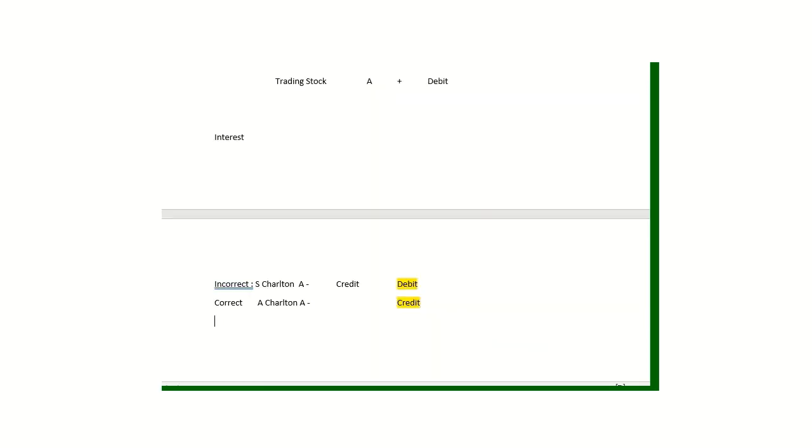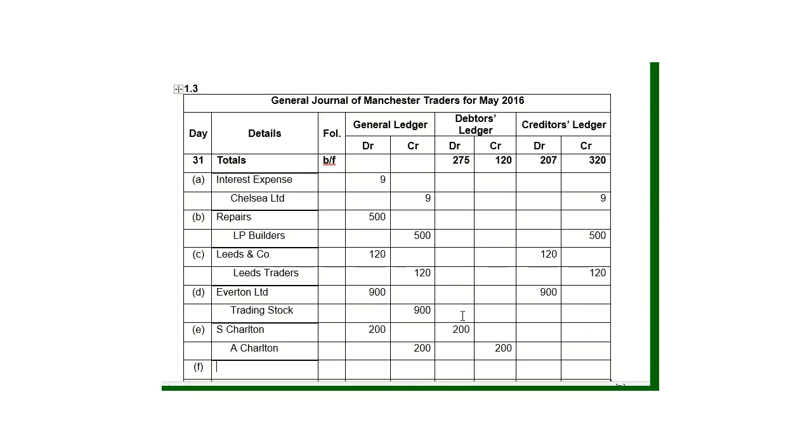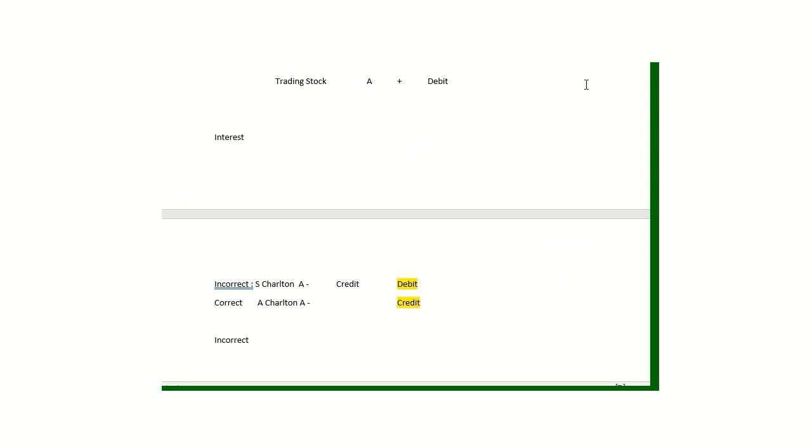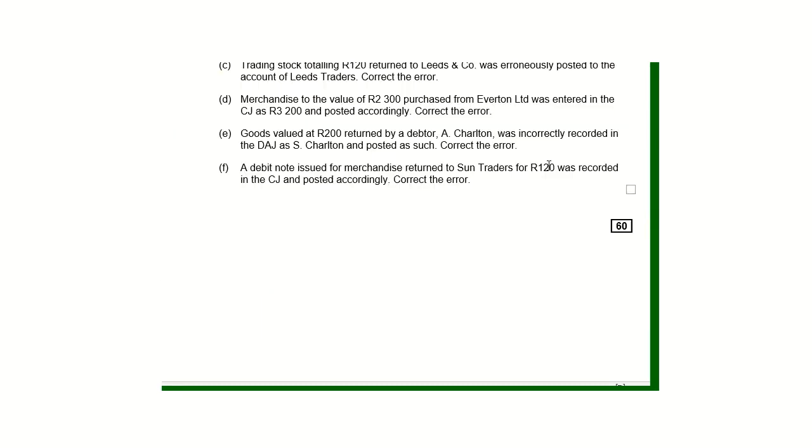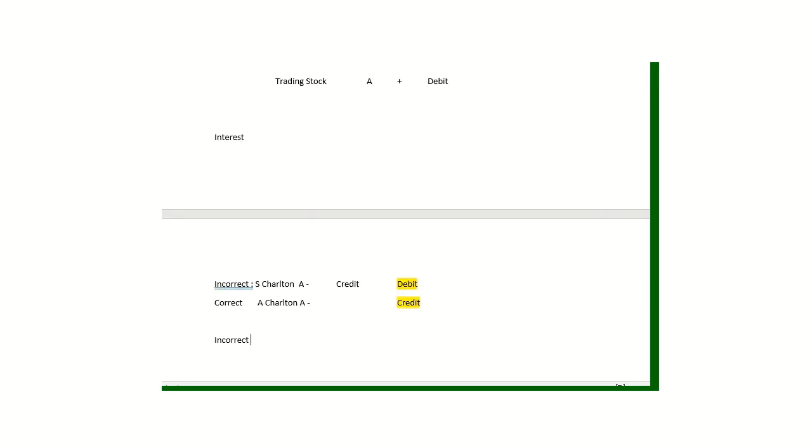So again, we're going to put through what was done, the incorrect. Incorrectly, we returned goods to Sun Traders. If we return goods, it means it's a creditor, which is a liability.